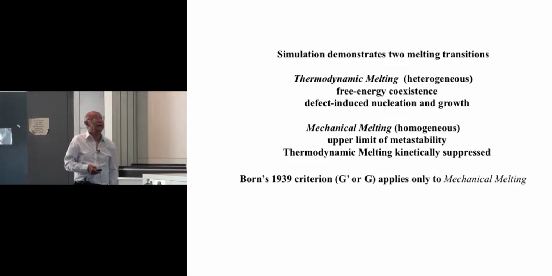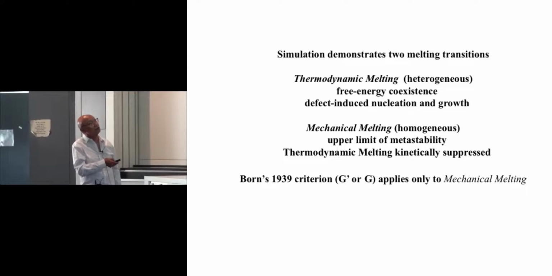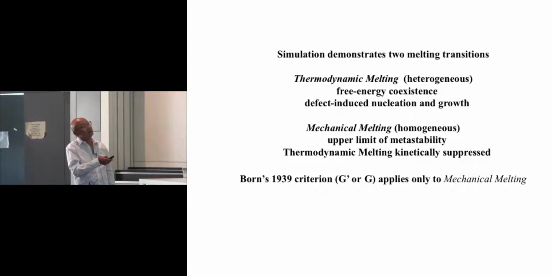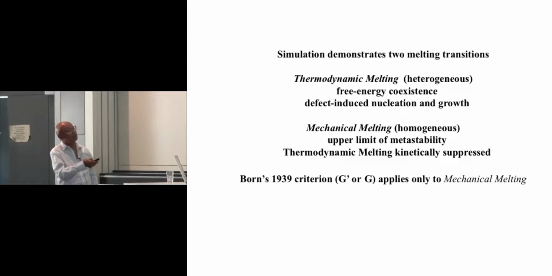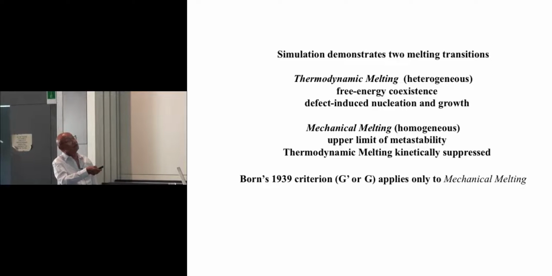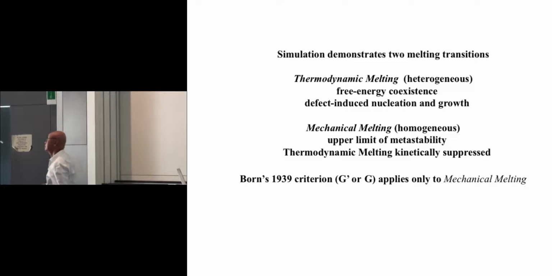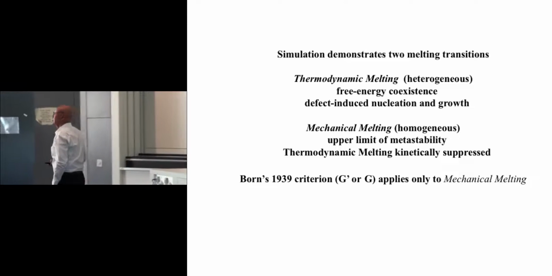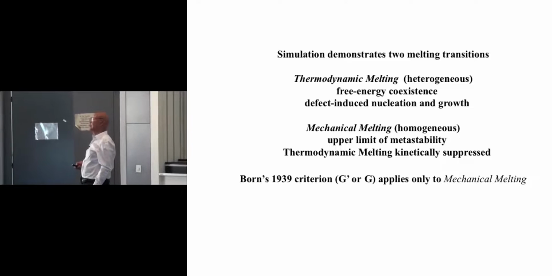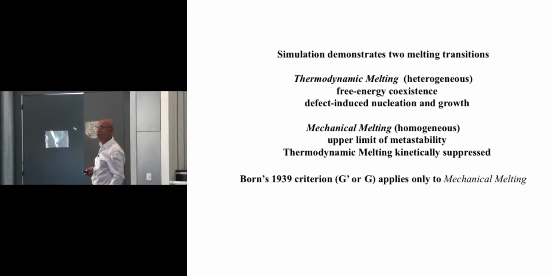Moreover, we also know that if you don't have defect nucleation, then you can actually suppress this melting. That means you bypass the thermodynamic melting, which traditionally is lower than the second kind of melting, which we call mechanical melting, which is really not melting in the true sense of the word.